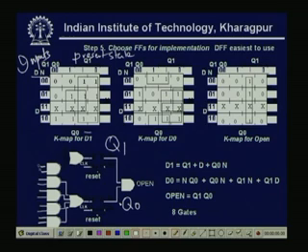Now again, this q1, actually that should be d1, is q1 plus d plus q0 n.